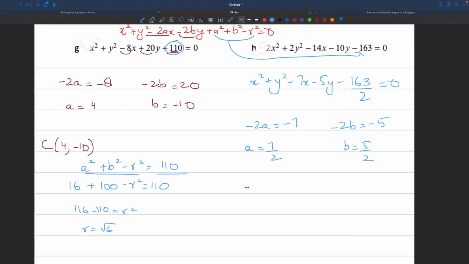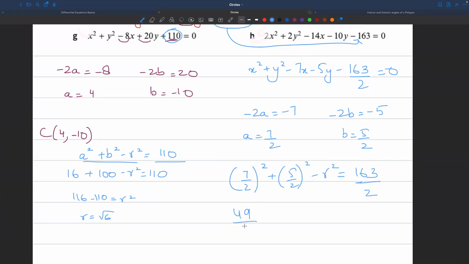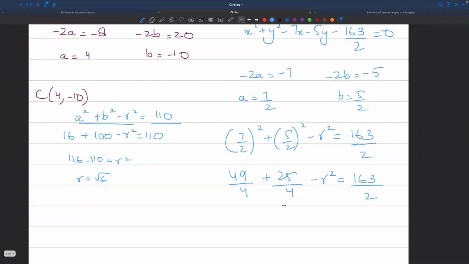So I will say 7 upon 2 squared plus 5 upon 2 squared minus r squared equals 163 upon 2, by the way. So I will get 49 upon 4 plus 25 upon 4. 49 plus 25 is how much? 74. 74 upon 4 will become 37 upon 2.